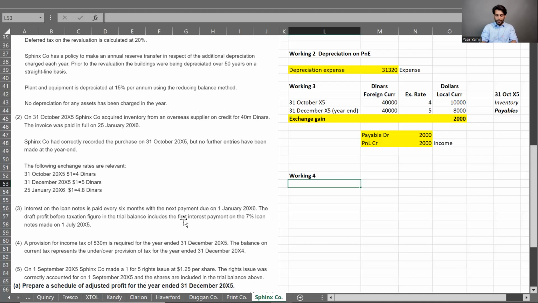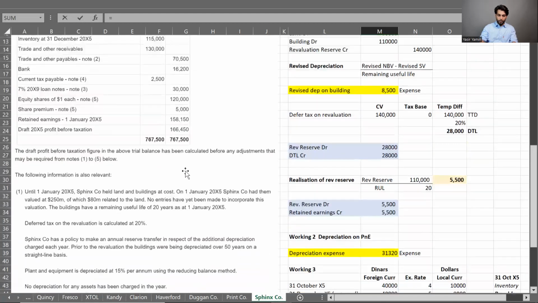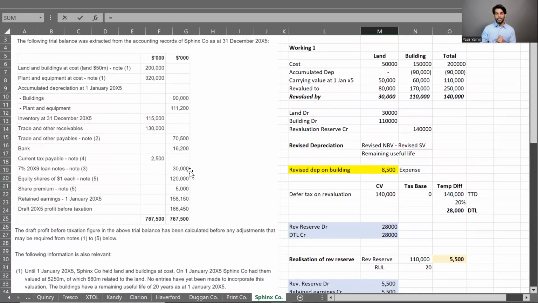And how do we calculate that? Interest accrued will be calculated as follows. Your liability is $30,000. Understood?